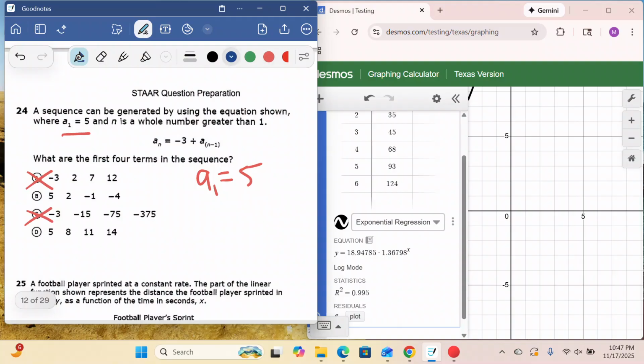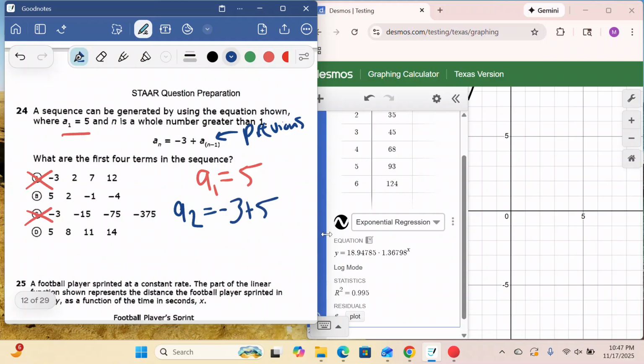Now the way I think of this term right here, it's always my previous answer. I always see the one before because that's n minus 1. So all I do to get my next one, a sub 2, is say, well, what's negative 3 plus 5?